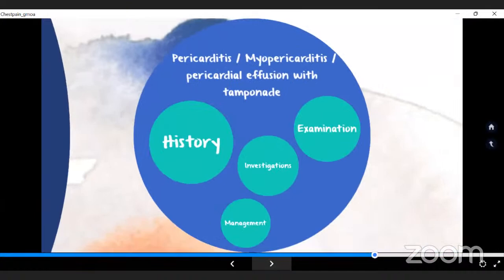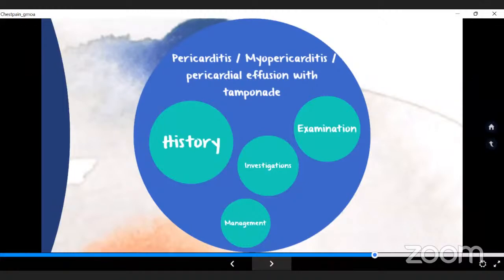Okay, going for the end. Pericarditis, myocarditis, pericardial effusion with tamponade. So these are not uncommon. There are some cases of these coming with chest pain, atypical pleuritic pericarditis chest pain, having hemodynamic compromise due to pericarditis or due to some other causes, which I'm going to tell later.